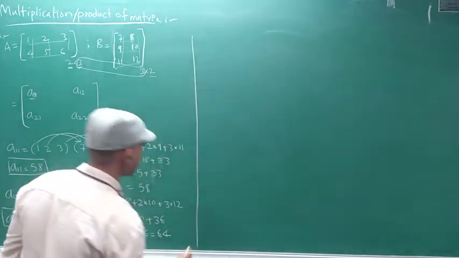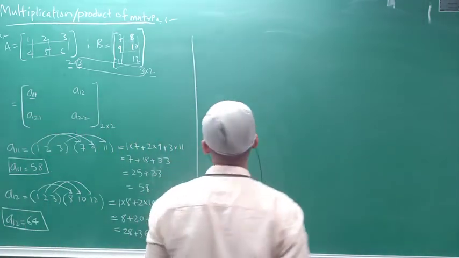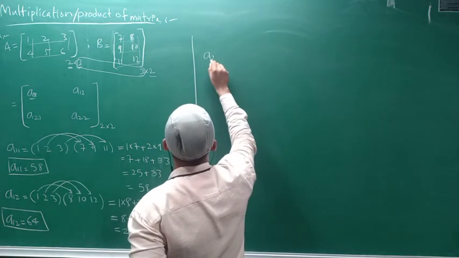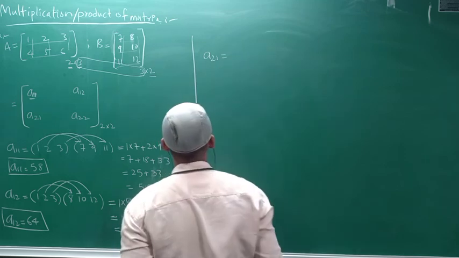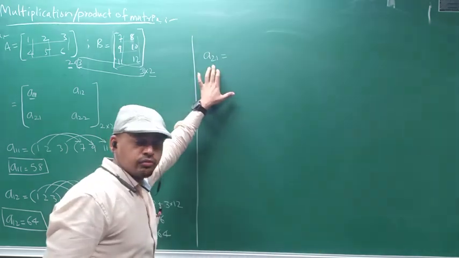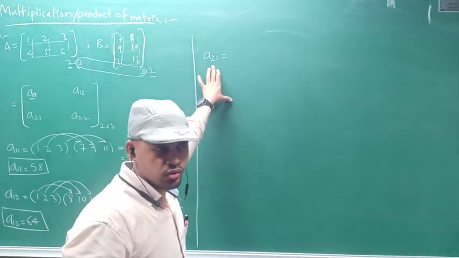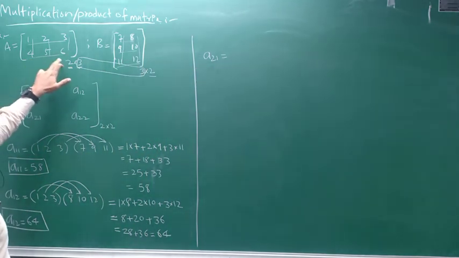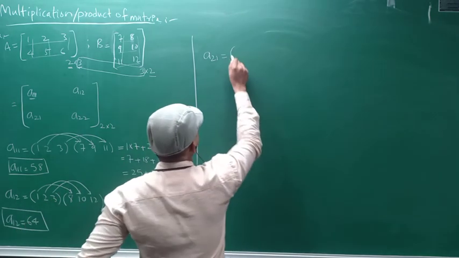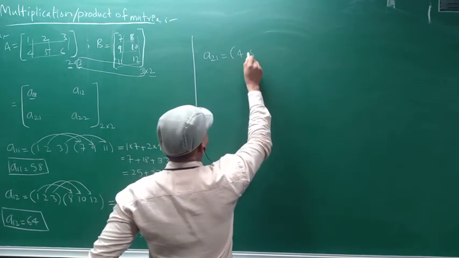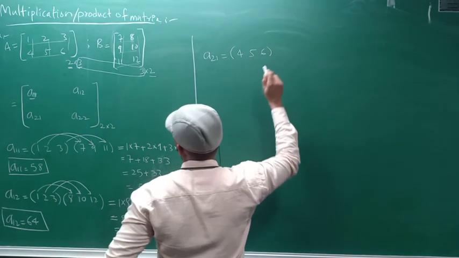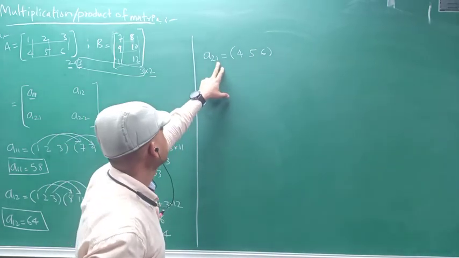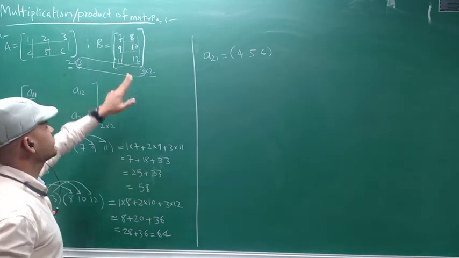Now for the element 3, that is A21. What does it mean? We need to multiply the second row with the first column. So here we have the second row 4, 5, 6, and the first column will be 7, 9, 11.